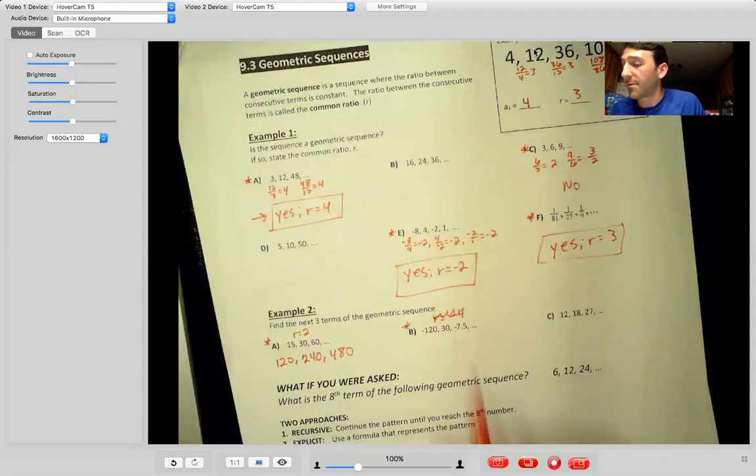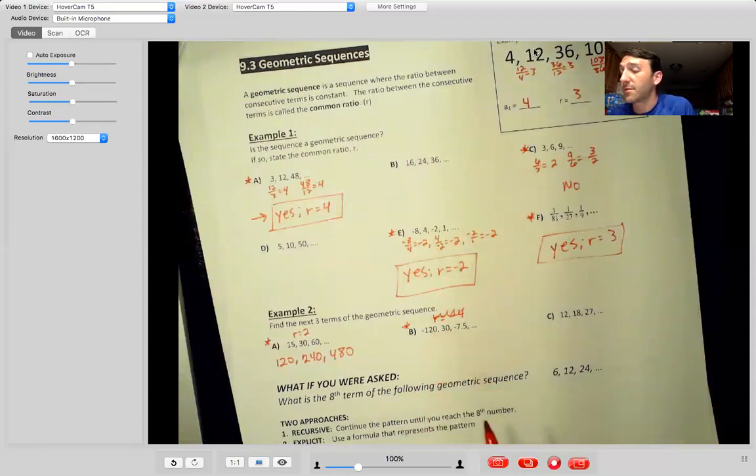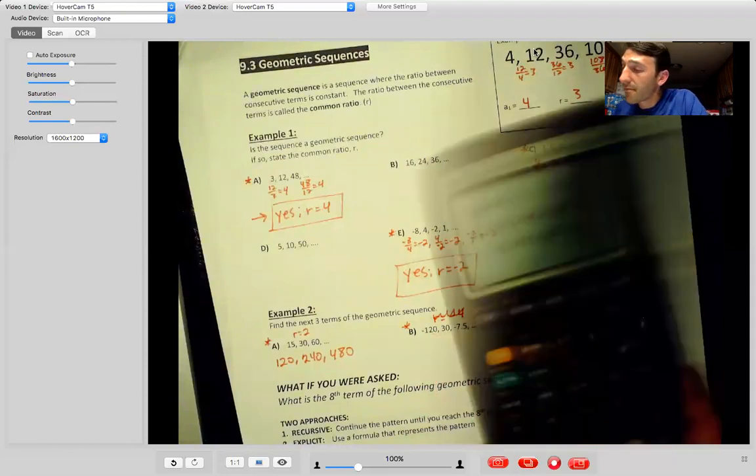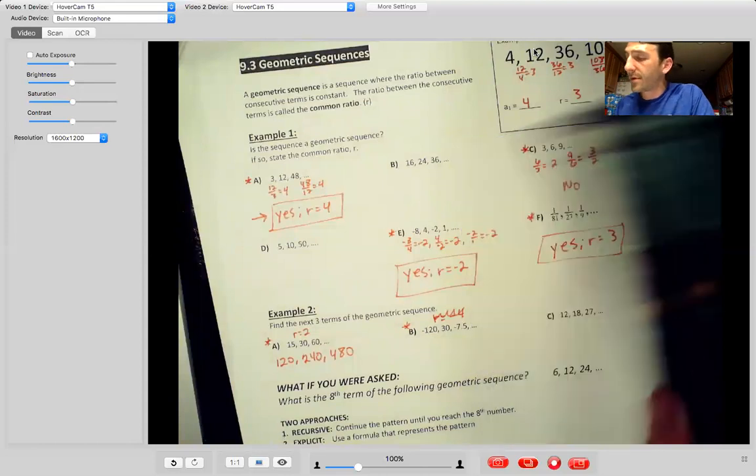So if we're decreasing in absolute value, that tells you that it's going to be a fraction. So I would have divided backwards there. Sorry, I was doing 120 over 30. So it should be 30 over 120 and then 7.5 over 30. So 30 over 120 is 0.25, which is equal to 1/4.